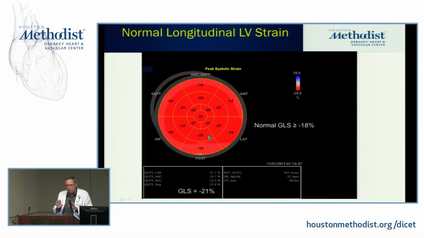And then you get the bullseye with all the measurements of longitudinal strain and integration of all the values into what we call an average, which in this case was minus 21%. Normal is more negative than minus 18, but with a little caveat: not all machines give you the same value. Some machines, you may have to drop it down to minus 17.